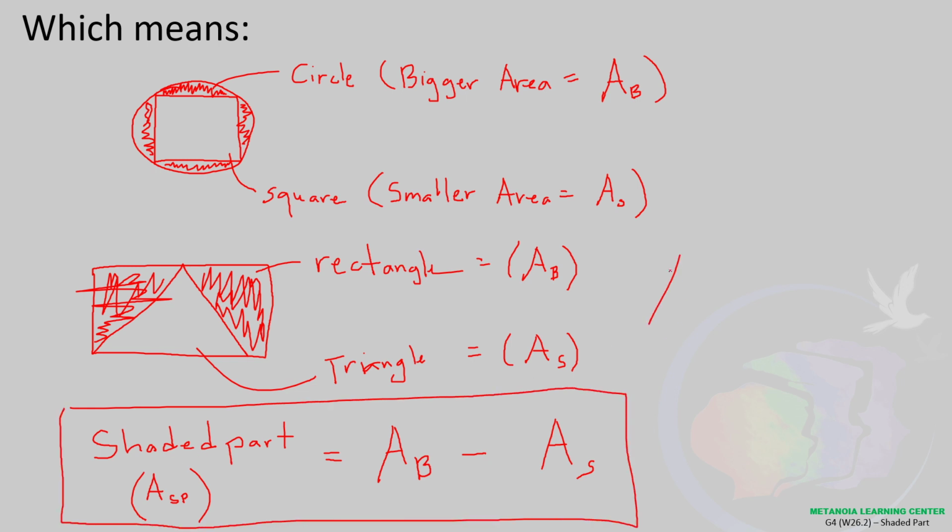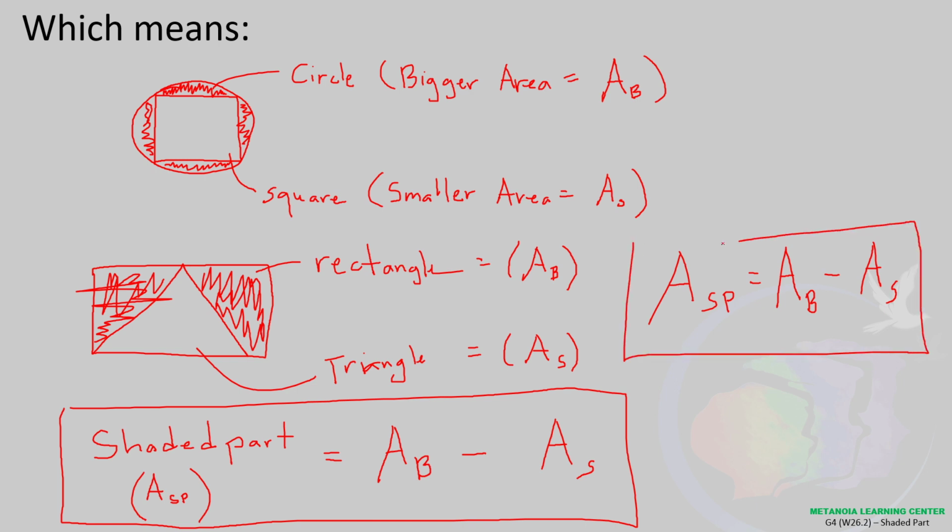Technically, rewriting it, the area of the shaded part is equivalent to the bigger area minus the smaller area. Which means you just need to be familiar with how to solve for the area of that certain figure. Okay? So this is our formula.